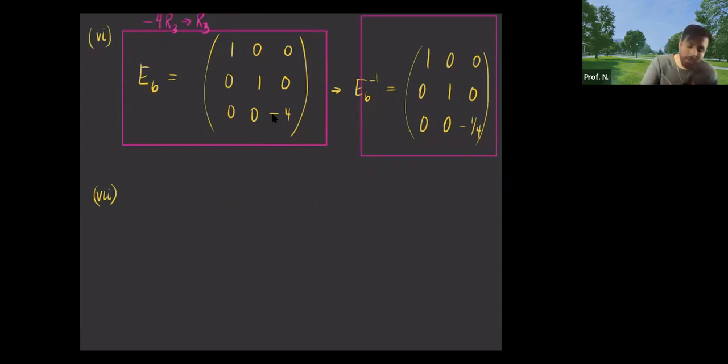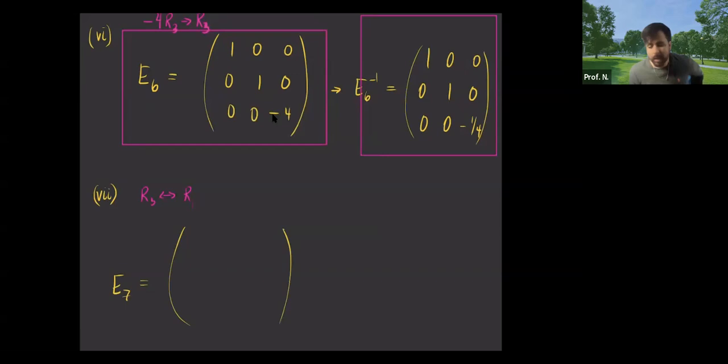Next, you want to switch the first and third rows. So R3, I want to swap it with R1. So what does that look like for a 3x3 matrix? If I want to swap row 3 with row 1, what does that mean for the elementary matrix? What would the matrix look like when you swap rows 1 and 3 in a 3x3 matrix?